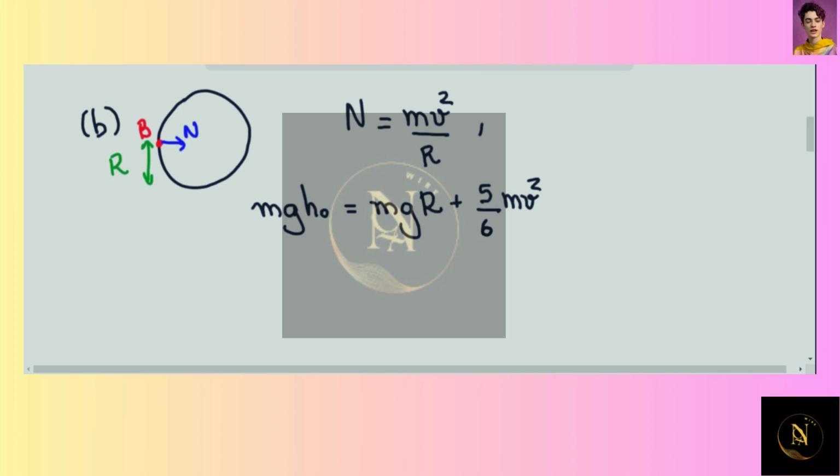And in this case, we can find the value of v. So v is equal to the square root of 6/5 of g times h0 minus r.